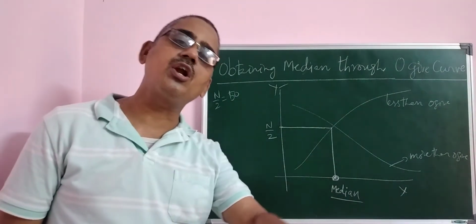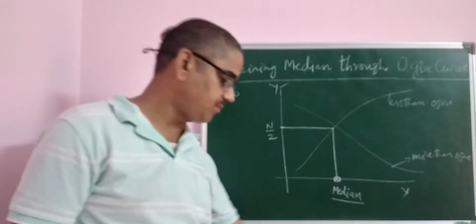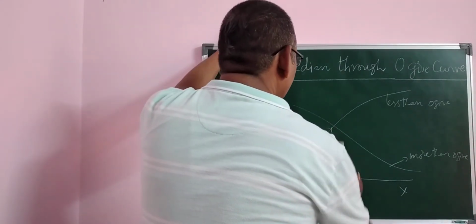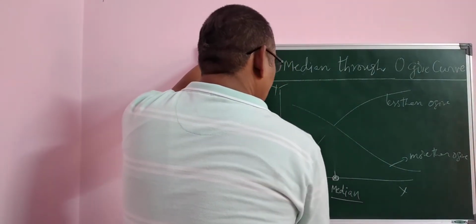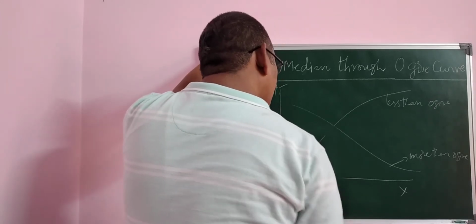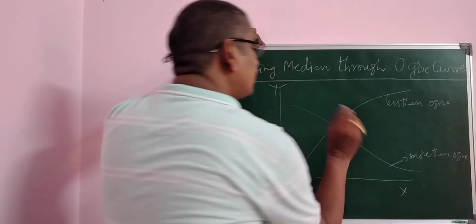We have another alternative procedure from the same Ogive curves. First of all, draw the less than Ogive and more than Ogive curves, for example like this.